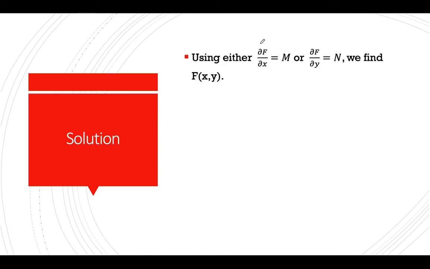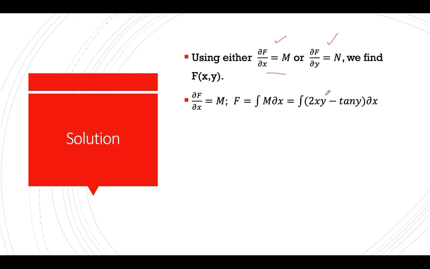Okay, so either we use the first equation or the second equation to find the function f. So starting with the first equation, the partial derivative of f with respect to x is equal to M, and then if we try to solve for f by integrating, we get the integral of df is f, so that is equal to the integral of M dx.